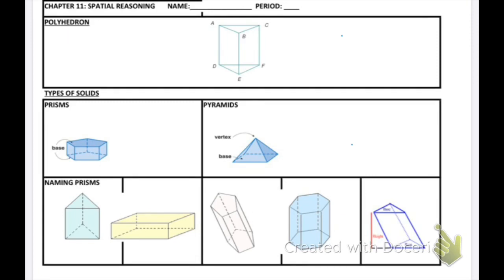Now, what is a polyhedron? Poly means many, and hedron means faces. So we're looking at a shape with many faces.